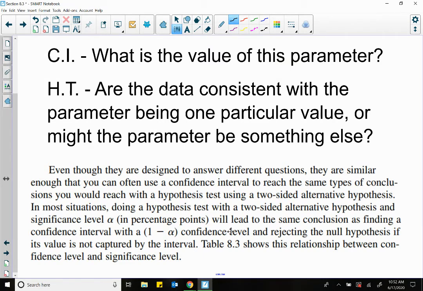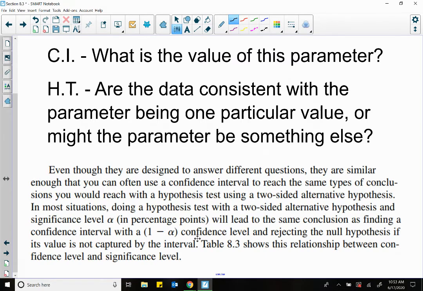That's a 95% confidence level. So if you run the two-tailed test, or you run the confidence interval at a confidence level of 95%, and find the confidence interval, if the null hypothesis is in that interval, you're going to not reject the null hypothesis.